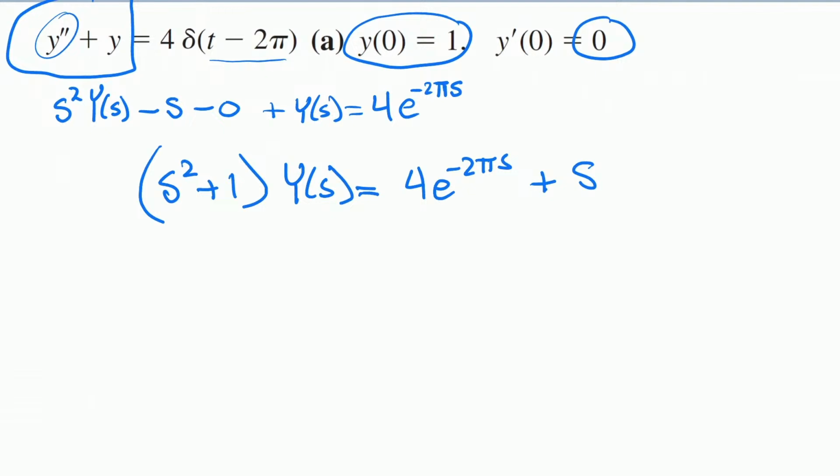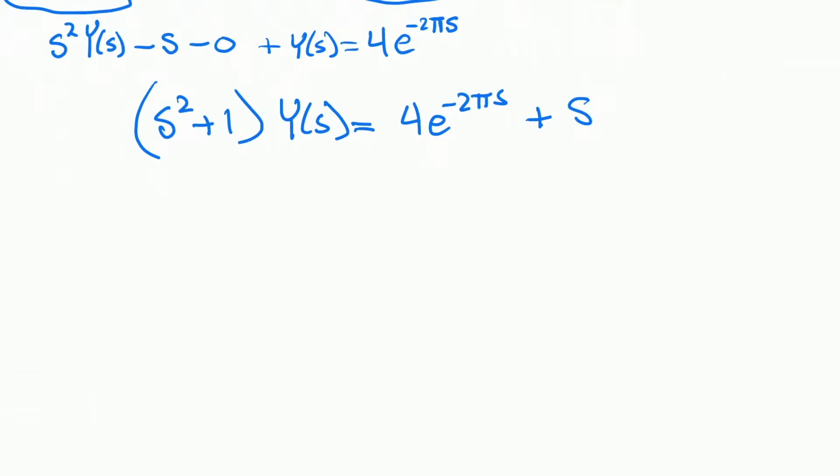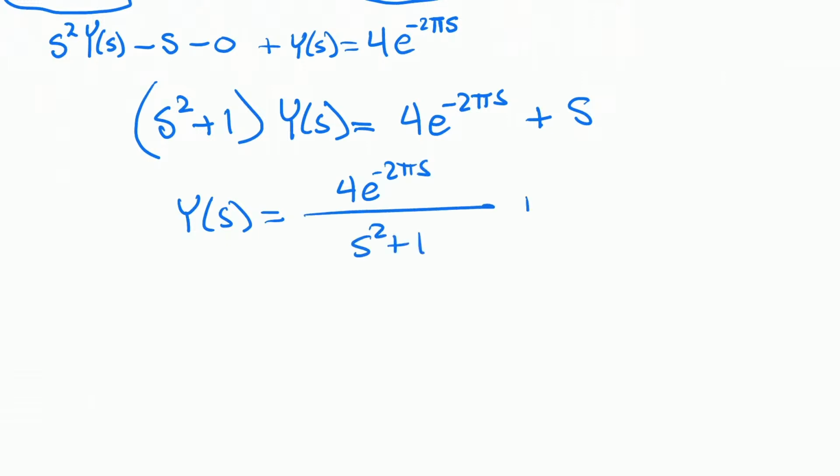Isn't that great? We're going to divide this out, and we're going to be happy. So check it out. When we divide things out, you get 4e to the negative 2 pi s over s squared plus 1, and then s over s squared plus 1. Incredible.